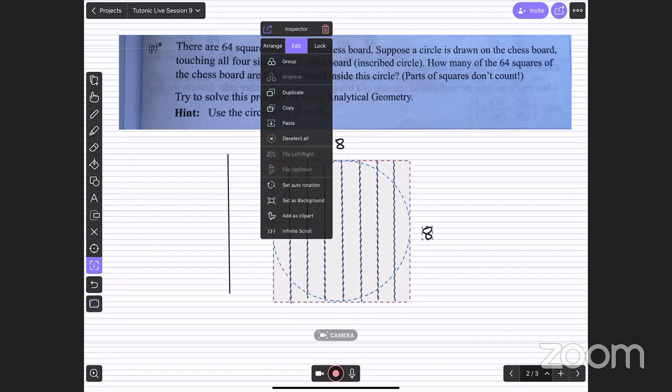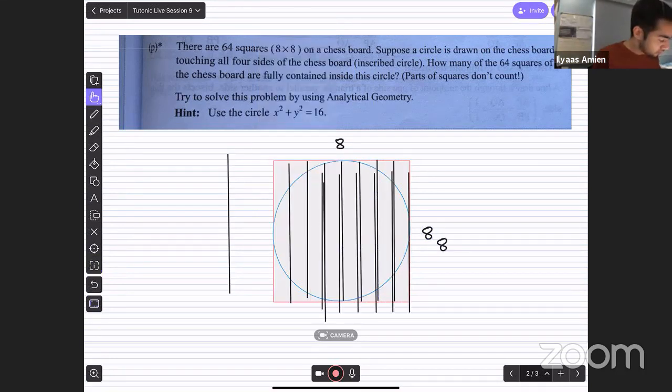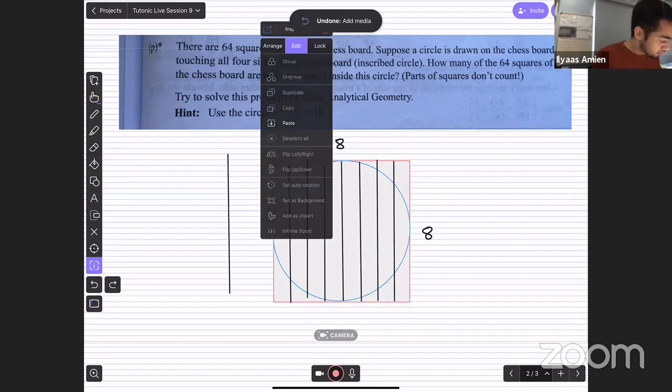Can't you just rotate the circle and set it on top of it? What I wanted to do is just to do this. Delete. There.